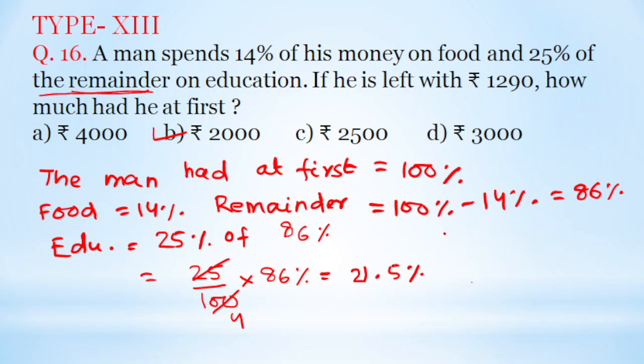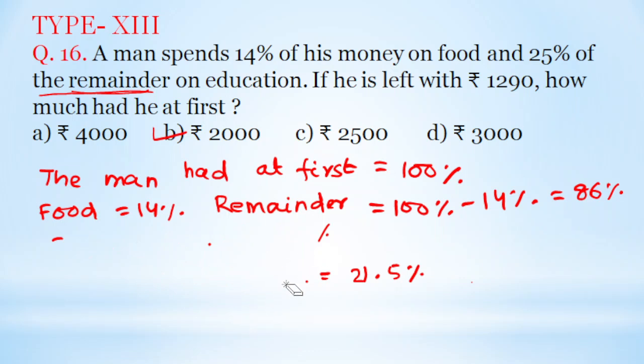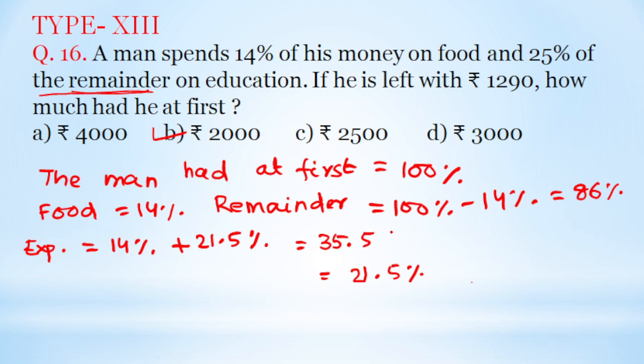Now the total expense is, here I have to write, total expense is equal to 14% plus 21.5%. So that is equal to 35.5%.